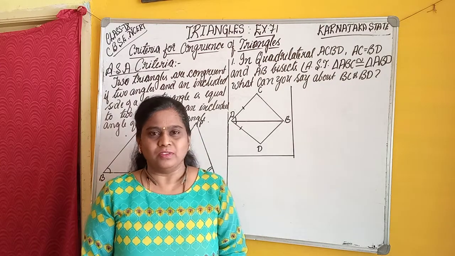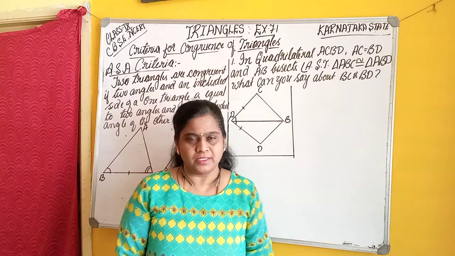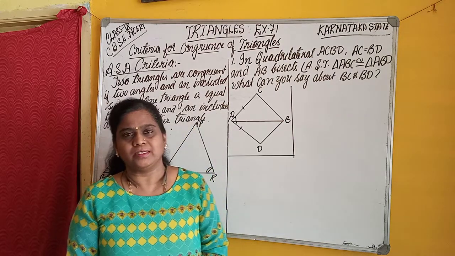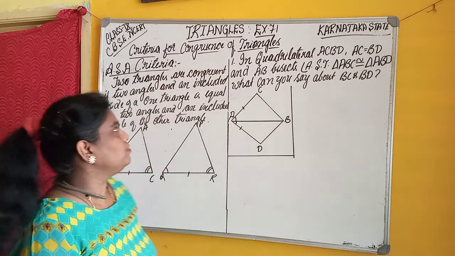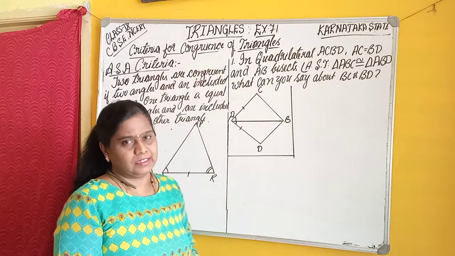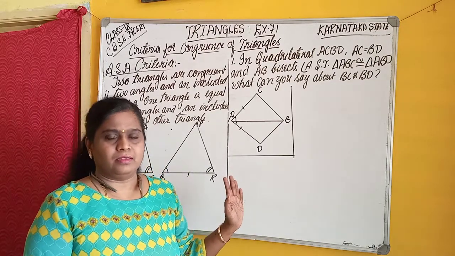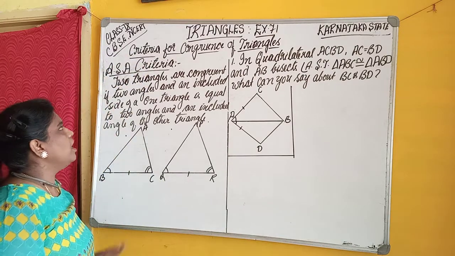It's a class for 9th standard students, CBSE NCERT syllabus and also for Karnataka State syllabus. Here the chapter name is Triangles. In that we are studying the criteria for congruency of triangles. The second criteria is ASA criteria.